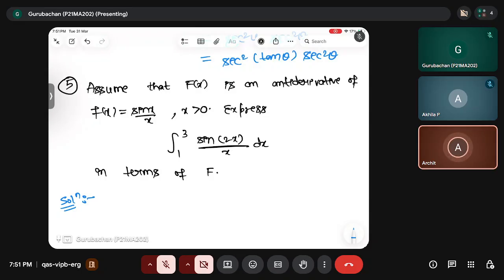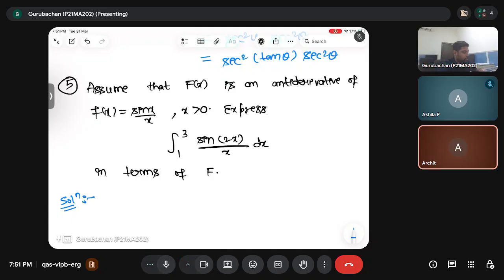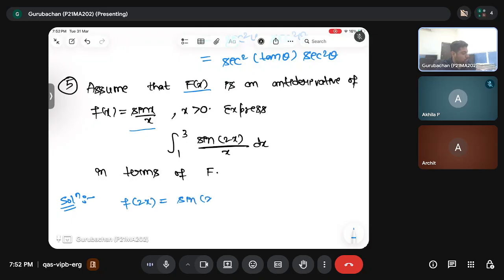Sir, F of 6 minus F of 2. Correct. So here if you observe, F of 2x will be sine 2x divided by 2x. So 2 times F of 2x will be sine 2x divided by x.